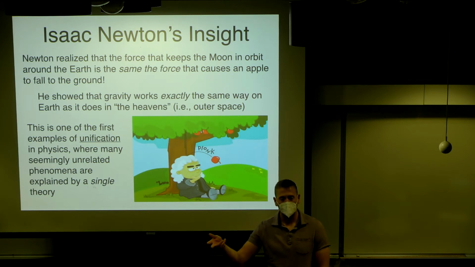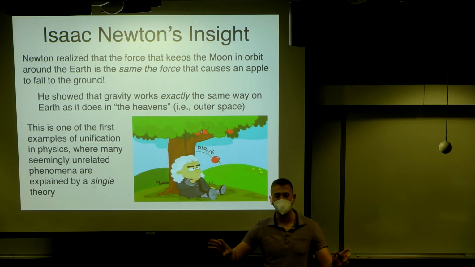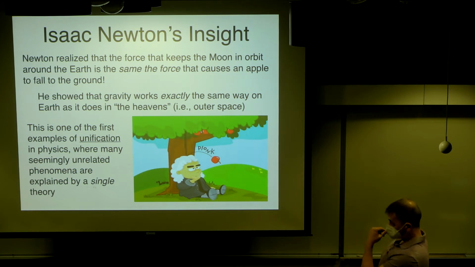Because remember, it was commonly understood back then that the way things work out there in the heavens is fundamentally different than the way they work down here on Earth. And what Newton showed us is, no, there's just one common law of gravity that describes everything. It's universal, okay? That's why we call it the law of universal gravitation.